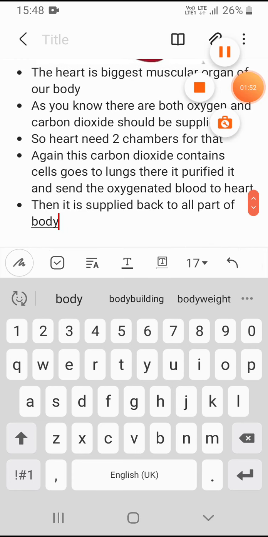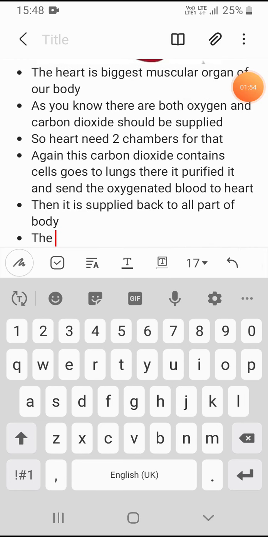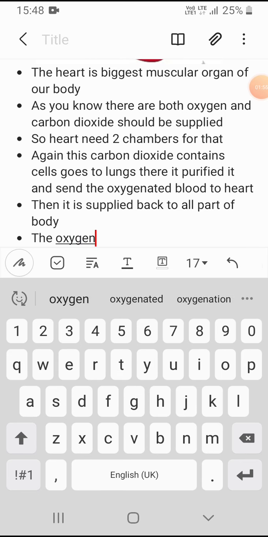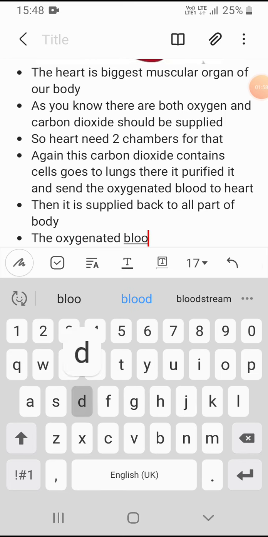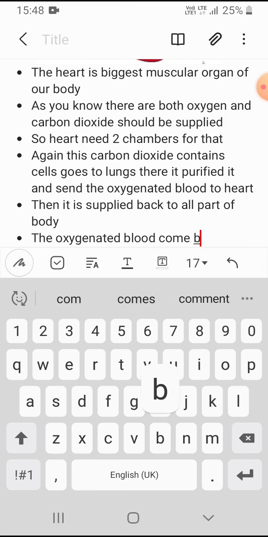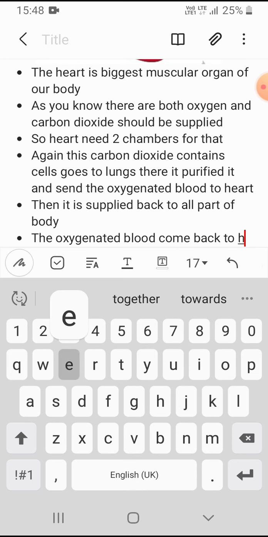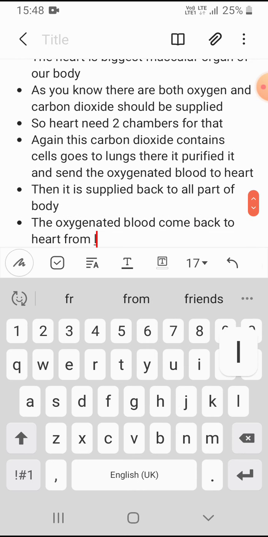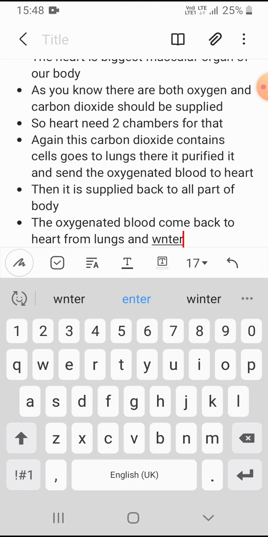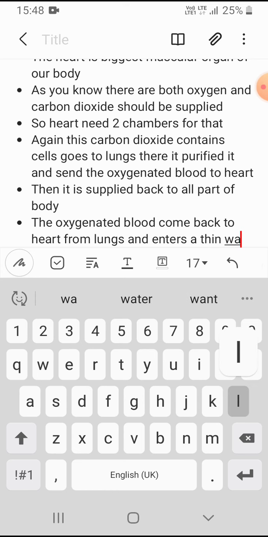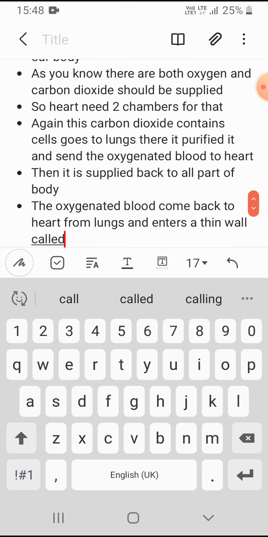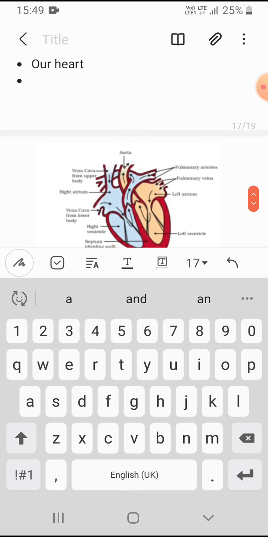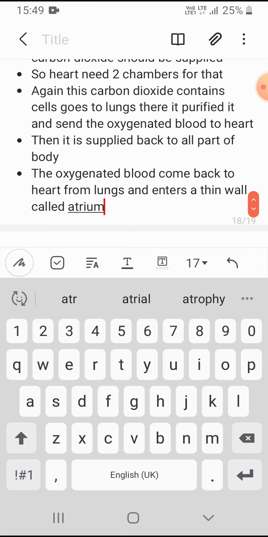So the oxygenated blood comes back to the heart from the lungs and enters a thin-walled chamber called the atrium.